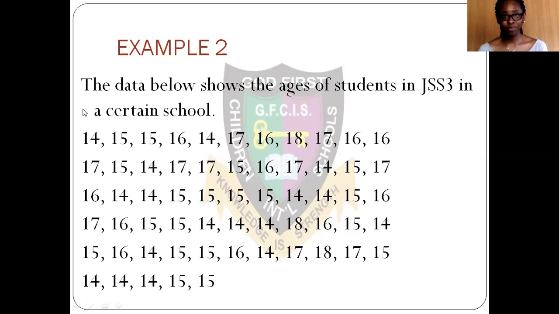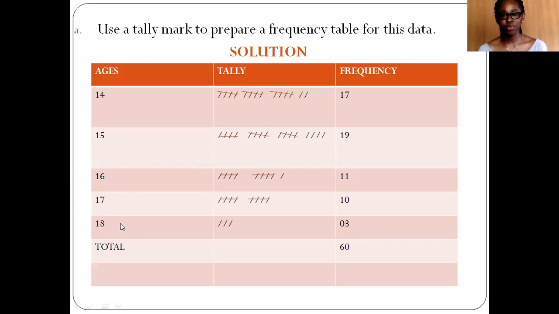Let's count it again. 17: 1, 2, 3, 4, 5, 6, 7, 8, 9, 10. So 17 appears 10 times.